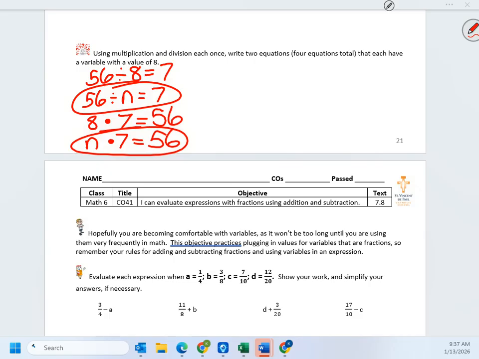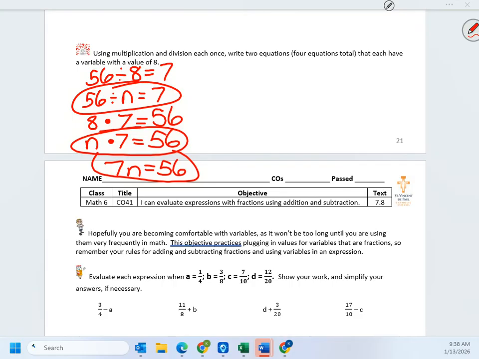Presley? 7n equals 56 is the exact same thing. It's just proper, right? 7 times n, n times 7. They both equal 56. This is how we will see it in our book. This is how we will see it on tests. They are both correct. Okay? They both mean the exact same thing.